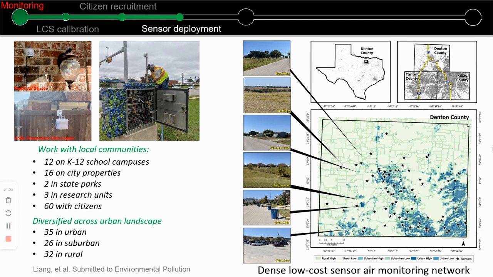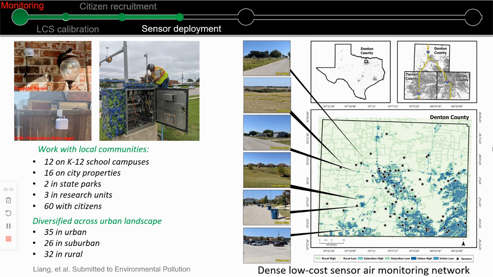Involving 60 private citizens, 12 K-12 school campuses, 16 city properties, 2 state parks, and 3 research units.